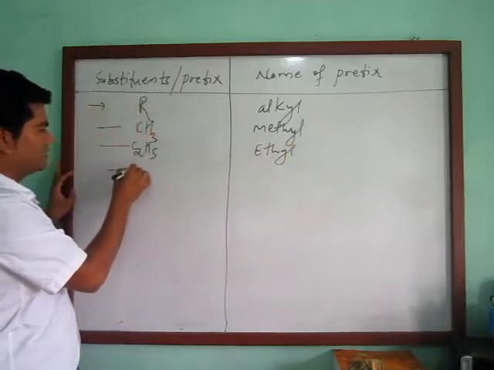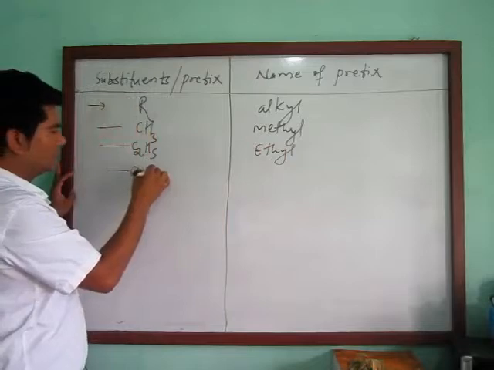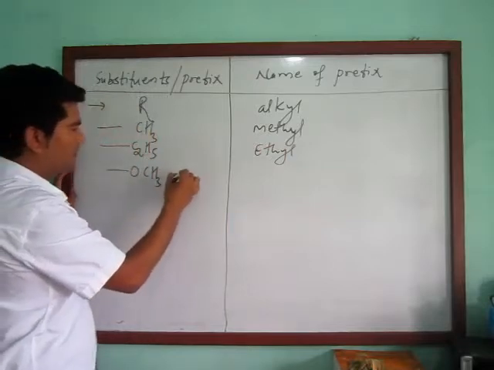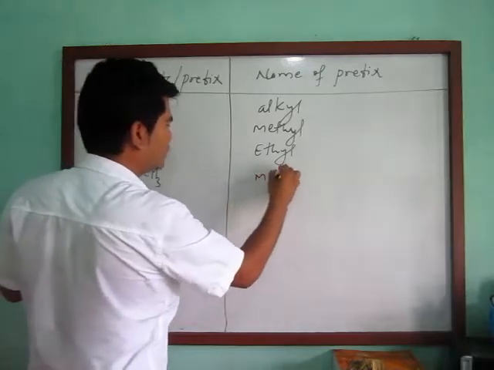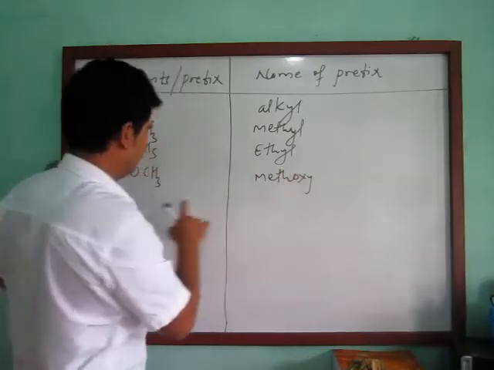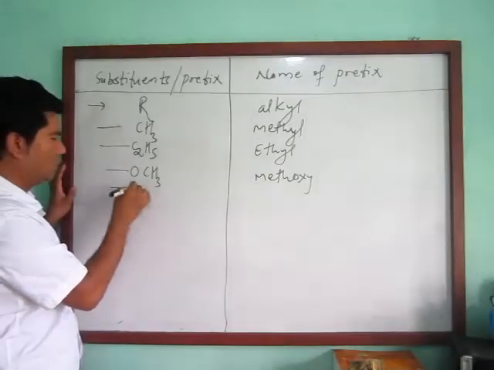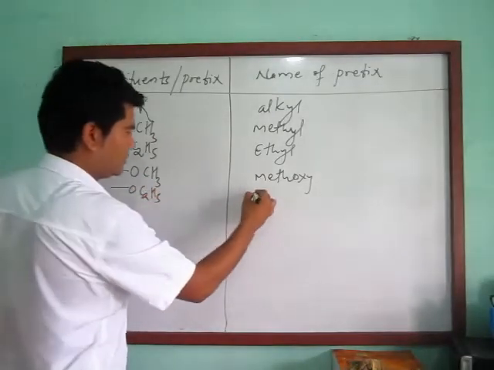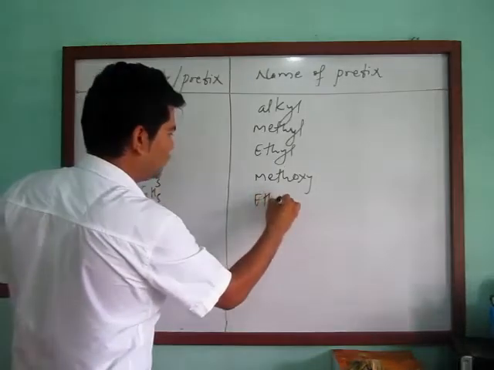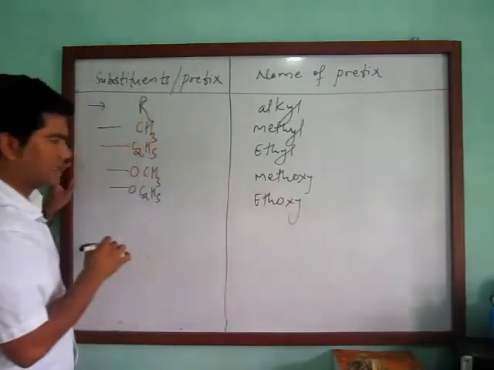Similarly, if there is OCH3, you should use methoxy. Similarly, for OC2H5, you should use ethoxy, like this.